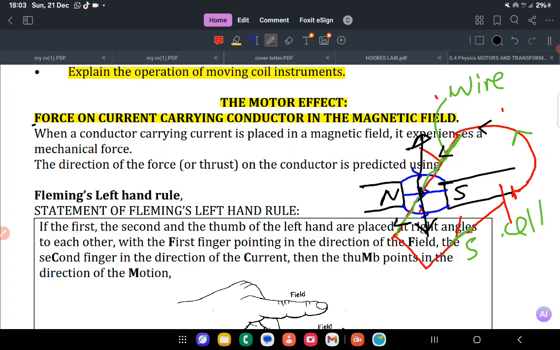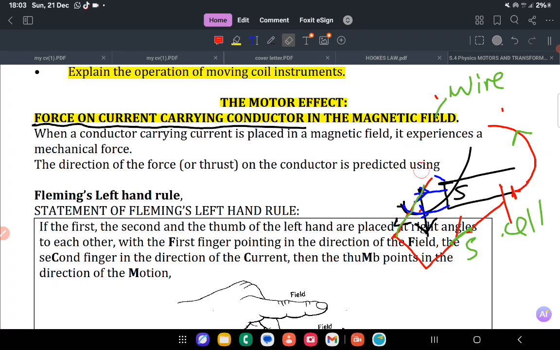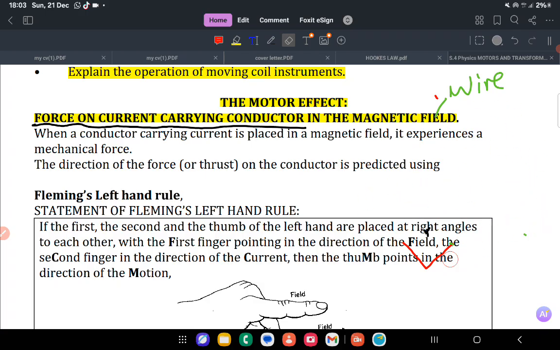And that's what we are talking about here: force on a current carrying conductor, such as this wire here, in a magnetic field. I just wanted to give you a general picture to get you into the general perspective of the lesson.